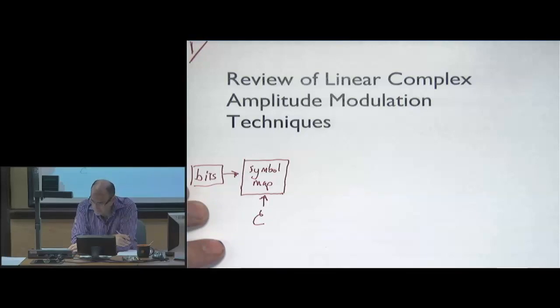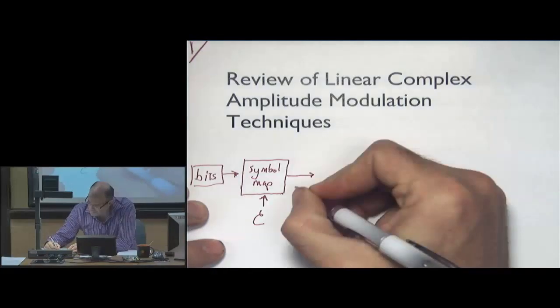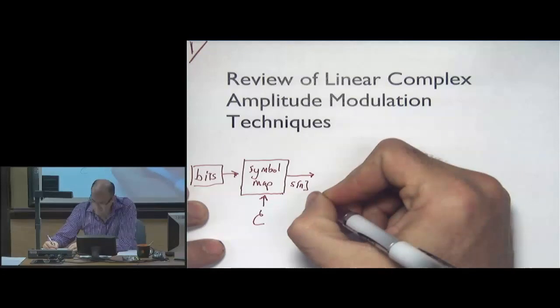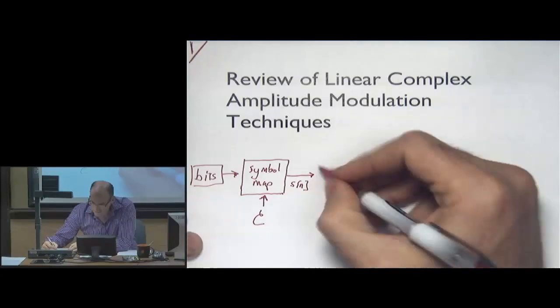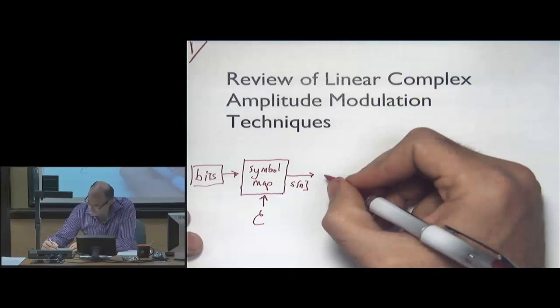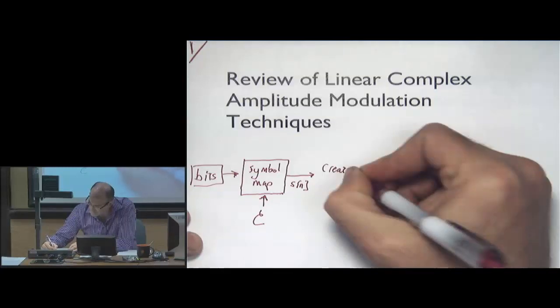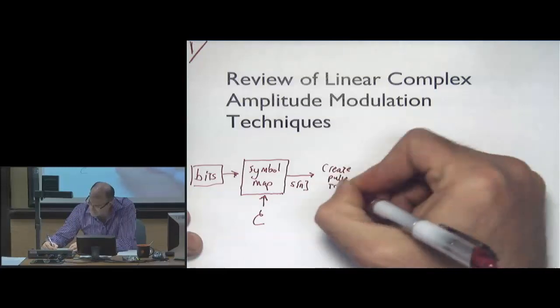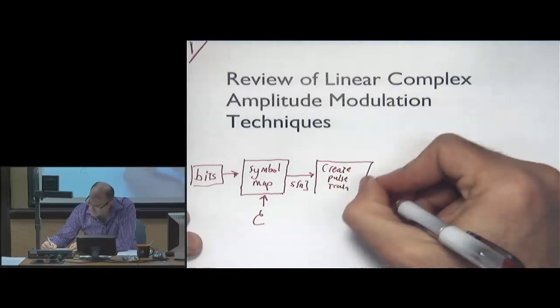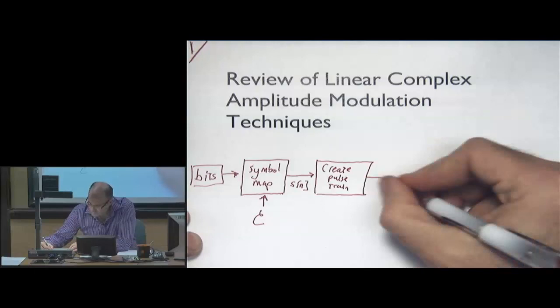So the output of this is a sequence of potentially complex numbers S of n. That's our symbols. And then we get into these next two blocks that we will possibly talk about today or on Wednesday, which is create pulse train, and then perform.